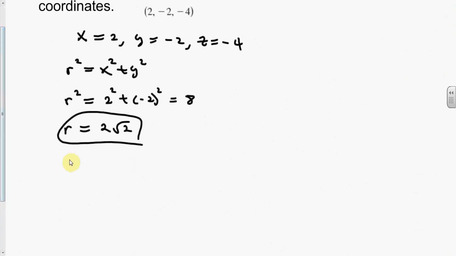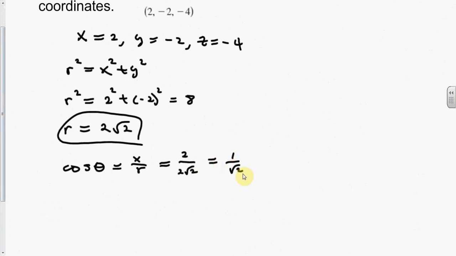Say, for example, if I was going to use the cosine, theta is equal to x over r. Since I have r, I'm good to go there. So x is 2, all over 2 times the square root of 2.